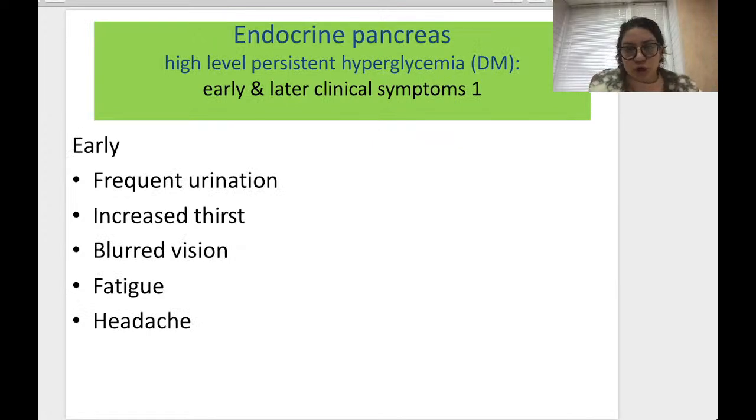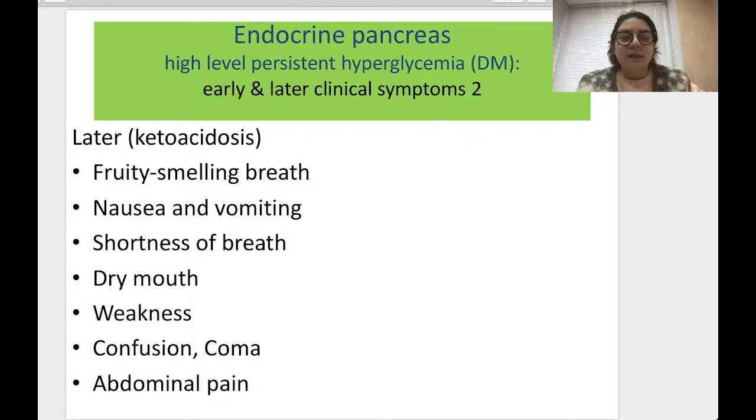We can divide all symptoms into more early and more late. Early symptoms are connected directly with hyperglycemia and more late are connected with complications. Early symptoms are frequent urination, increased thirst, blurred vision, fatigue, headache.